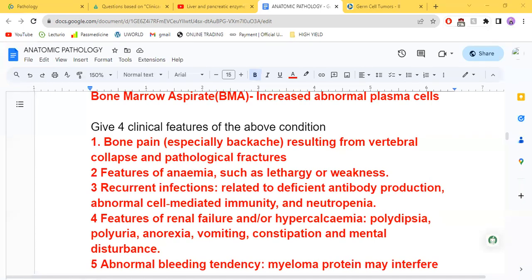So these were the ones which will cause the bone lesions. Now, hypercalcemia is due to the secretion of some of these factors by malignant plasma cells.